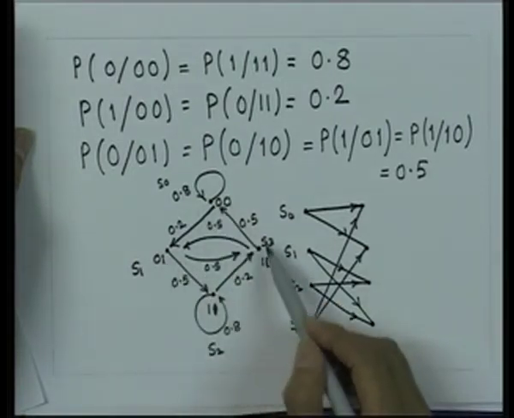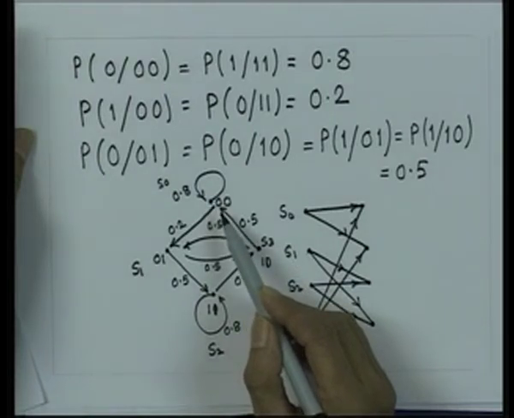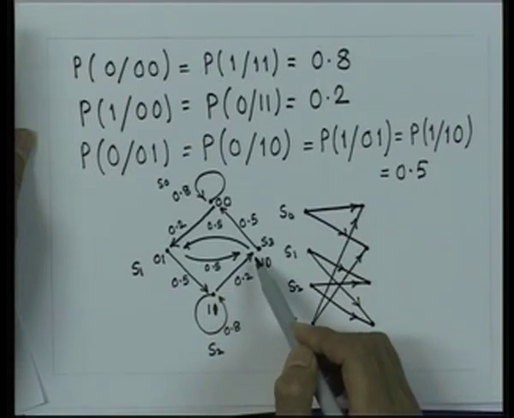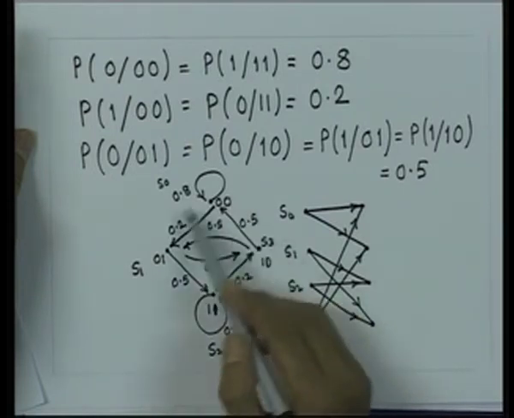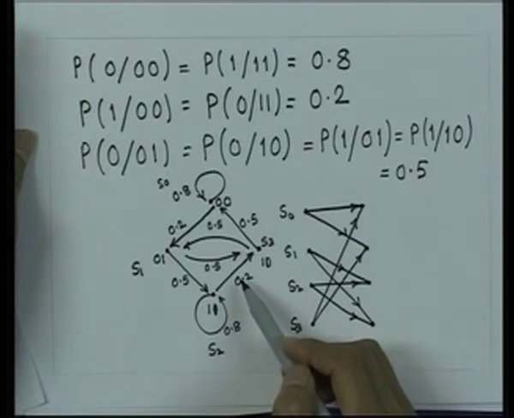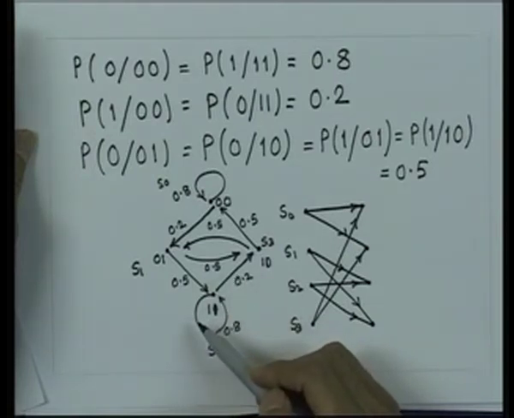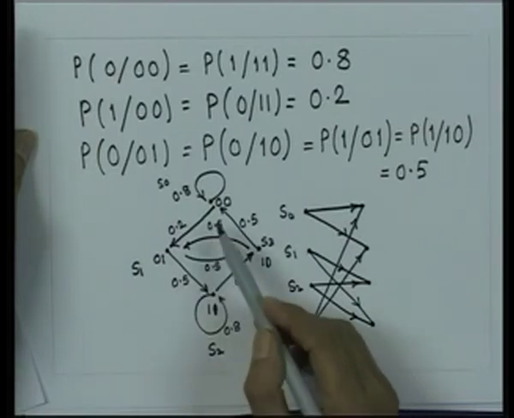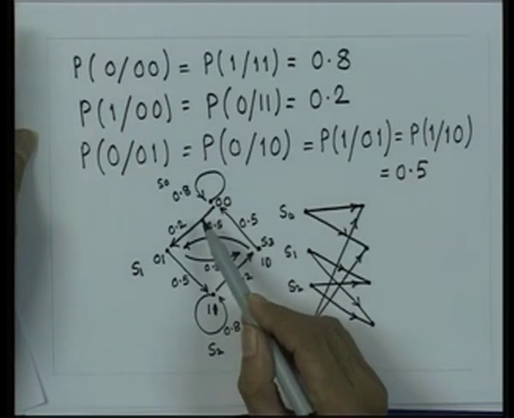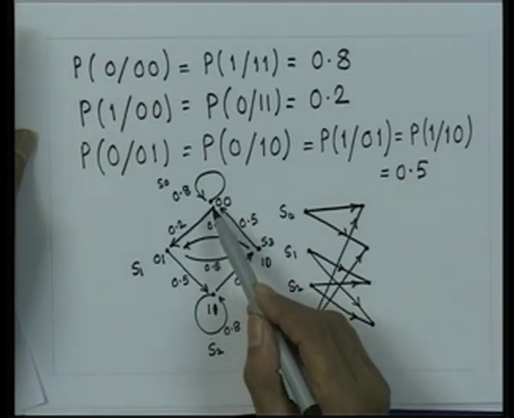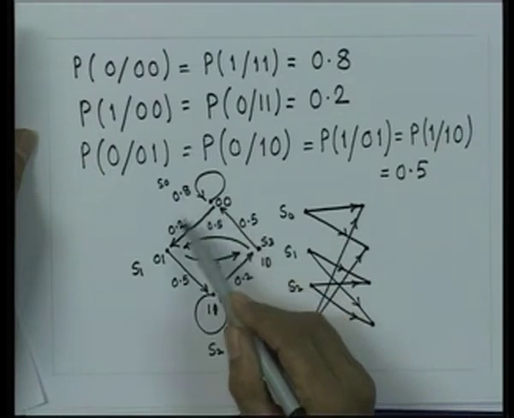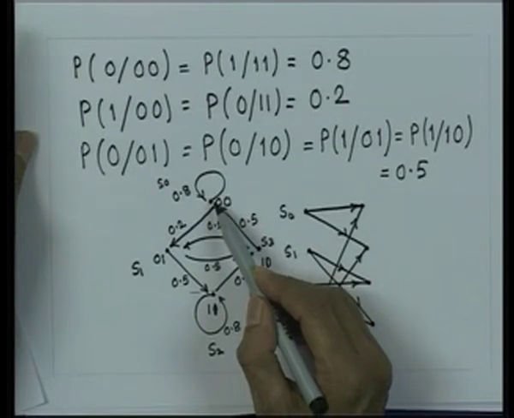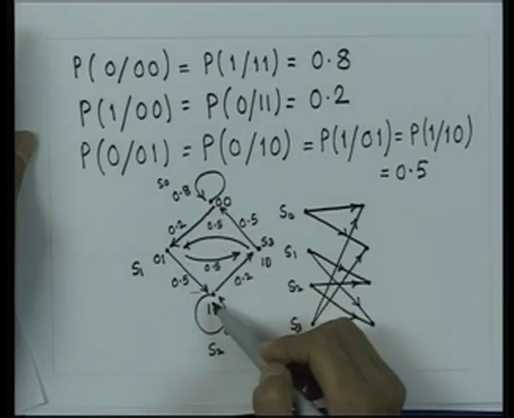In this example I had 4 states, so I can start from any state initially. If I observe this source for a very long time and calculate the states through which it is passing, then the probabilities of the states in the long term will be definite, and it will be possible for me to go from one state to any other state.